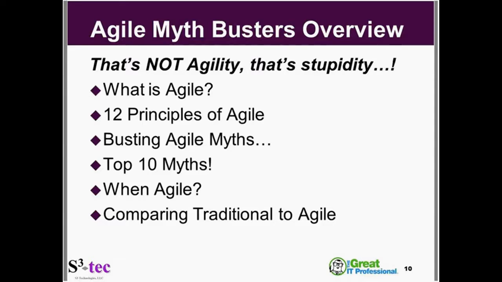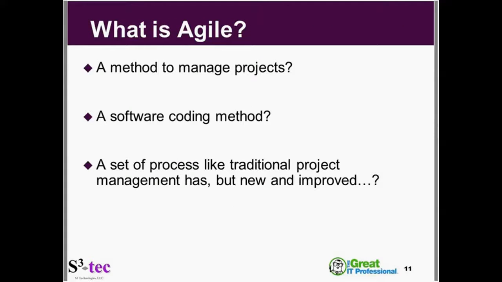I'm not the only person who looked at the top 10 myths people have about Agile, and there was some agreement on what they were. I'll share my resultant list with you, then share when we should do Agile, and then compare traditional to Agile. So hopefully this will be valuable.